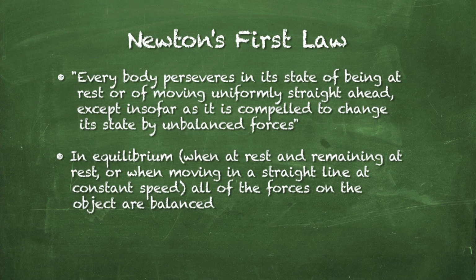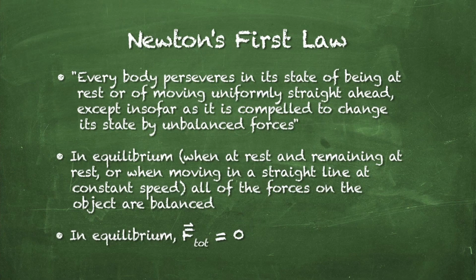Or simply, we can write that as an equation, and that'll be our first physical principle expressed as an equation. In equilibrium, the total force vector on an object is equal to 0.